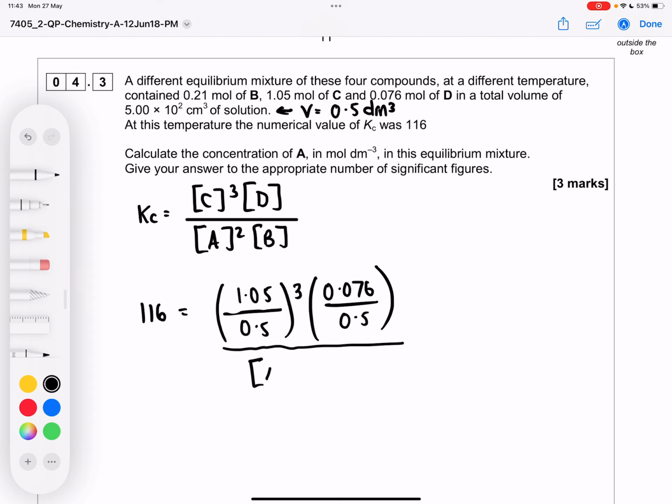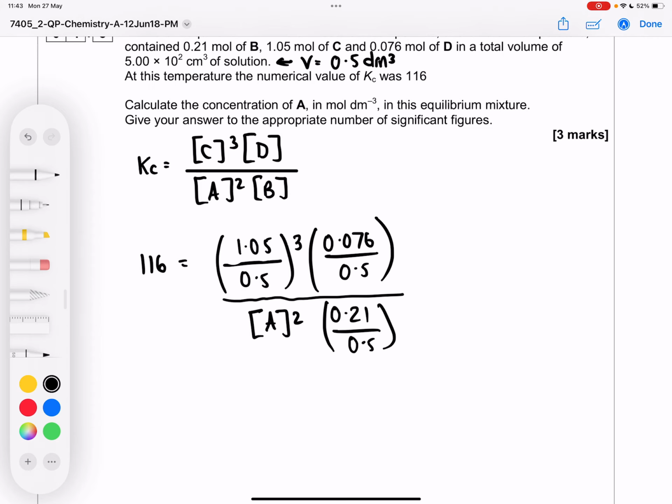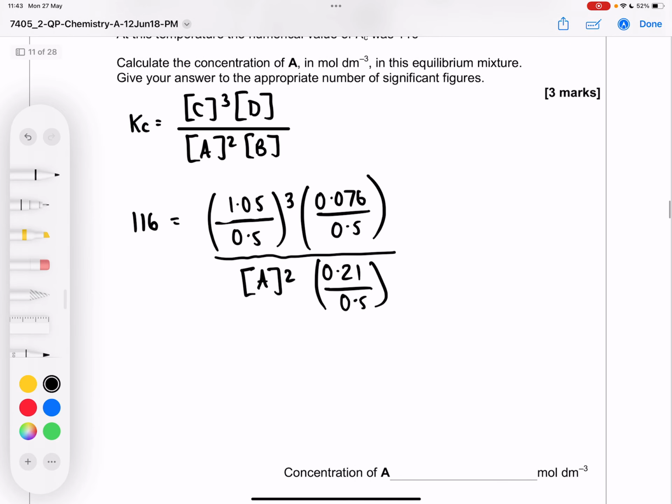A is what we're trying to find, so we've still got A squared there, and then B is 0.21 over 0.5, not squared there. So now what we've got to do is rearrange to get A. So I'm just going to bring A squared up off the bottom line and take Kc down. So I'm not going to actually work out this yet, but in a minute we'll type all this into your calculator.